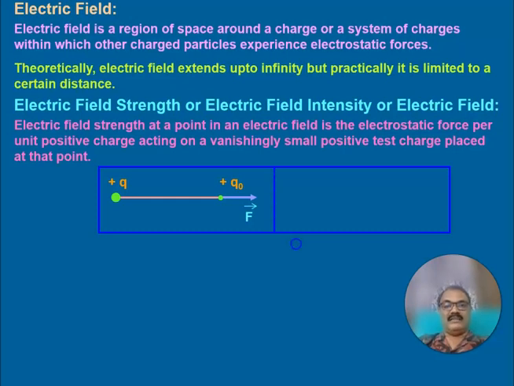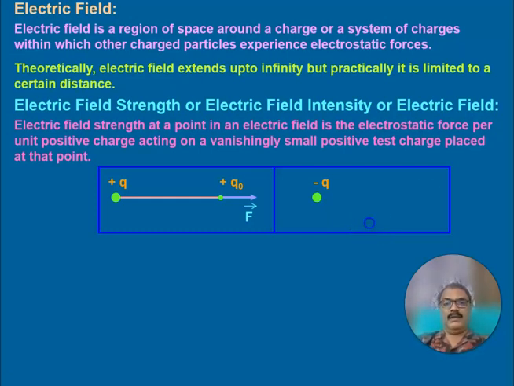Now let's see another diagram. Instead of a positive source charge, because I told you already, there are two fundamental charges: one is the positive proton, another one is the negative electron. I have taken a number of electrons together as a point charge.